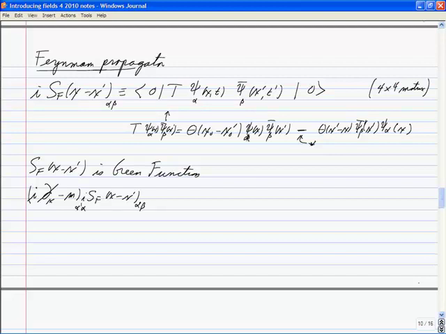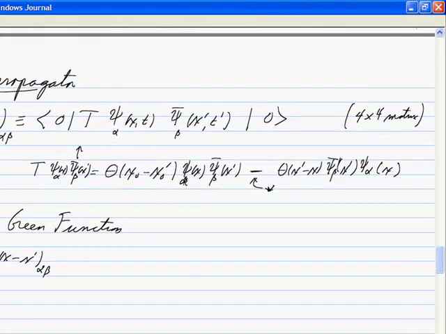Summed over alpha, that's a repeated index, so it's matrix multiplication there. When this derivative acts, it can either act on psi, which carries the label x, or it can act on the time ordering.